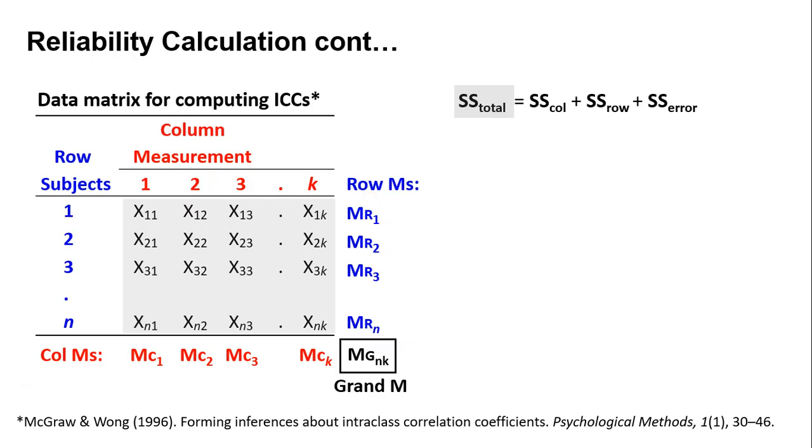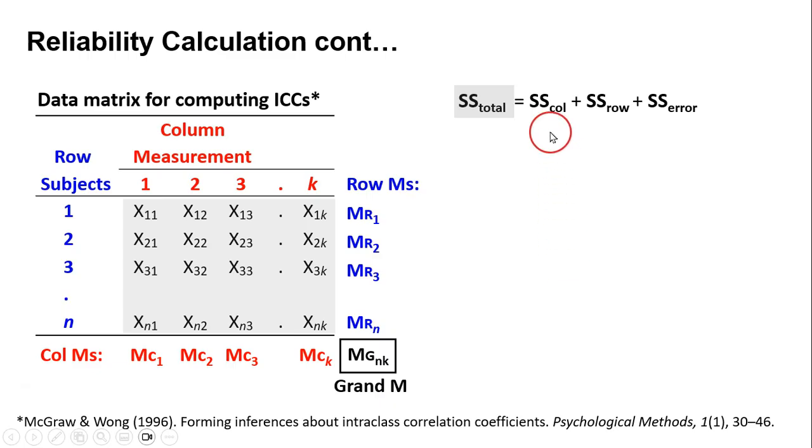Again, take each score, subtract it from that grand mean down here, and square it. And then add all those values together. This gives me the total variability in the data set. So the total variability will be equal to the column variability plus the row variability plus anything left over, which would be the error variability.